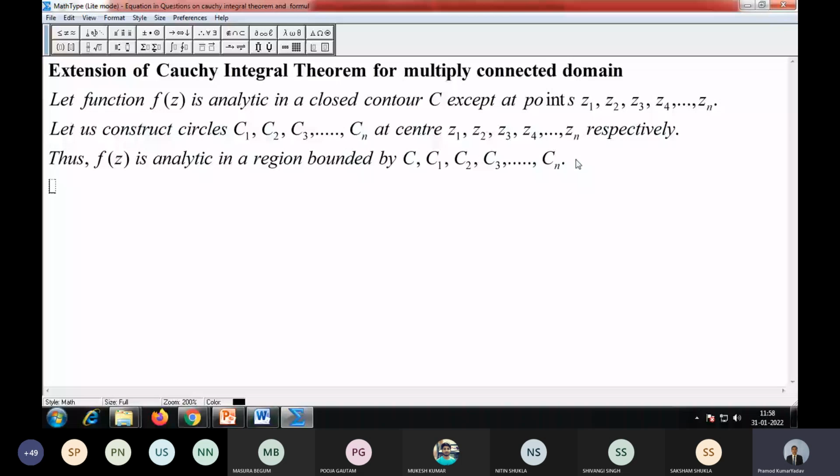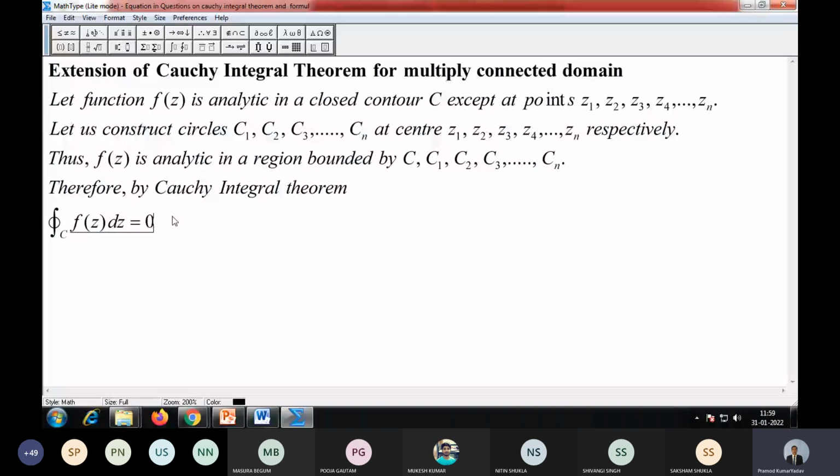therefore, by the Cauchy integral theorem, the integration over the whole boundary of f(z) dz is equal to 0.